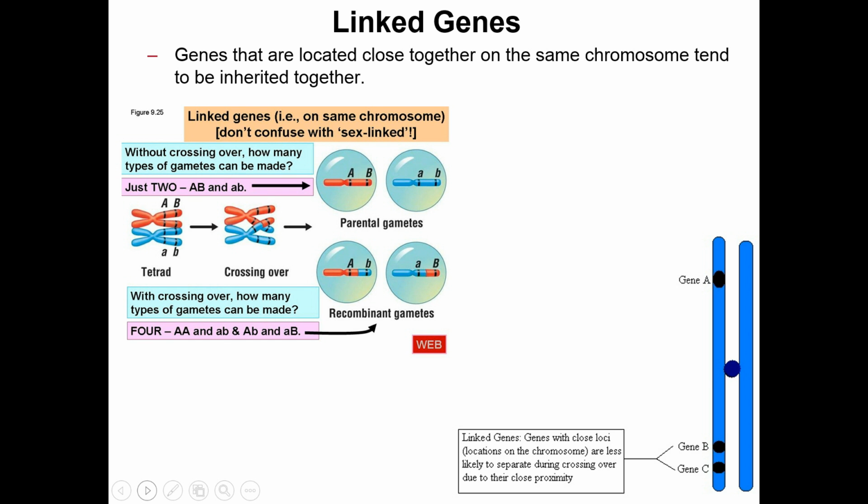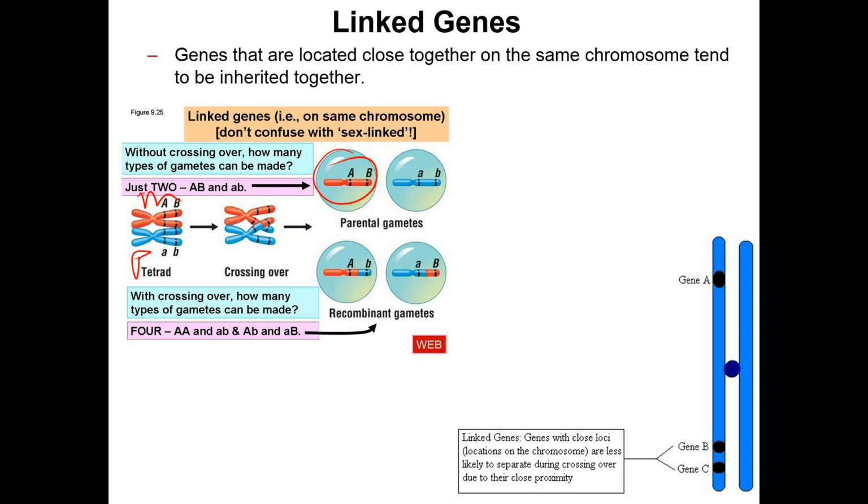So here, let's look at gametes that are produced from two individuals. We have our paternal chromosome and we have our maternal chromosome. Now let's assume there's no recombination. Well, that means that our maternal chromosome is going to give us gametes that look like this.